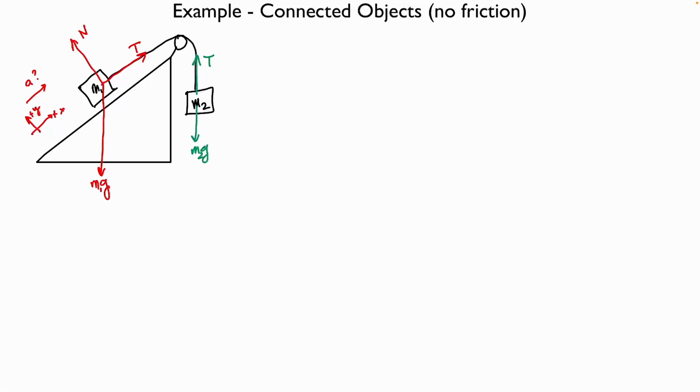So we cannot have the two accelerations being opposite of each other. So what does that mean? What do we have to pick for our acceleration for mass number 2? We must pick down. If mass number 1 is accelerating up the slope and mass number 2 is connected to it by a string, it must be accelerating downwards.